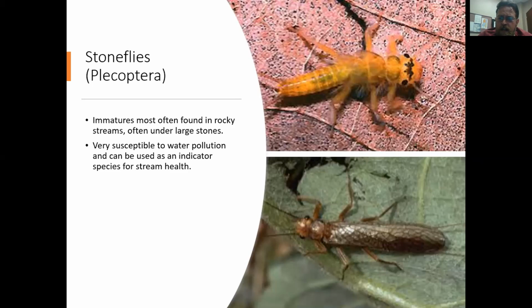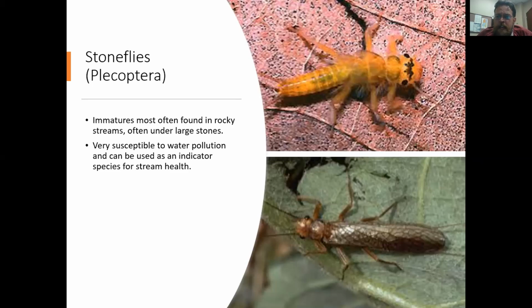One of the significant things about stoneflies is that they are incredibly sensitive to water pollution. Anything that negatively impacts a stream that would decrease the amount of oxygen in that stream is going to unfortunately do a lot of harm to the stonefly population.